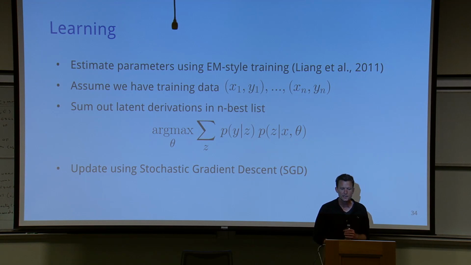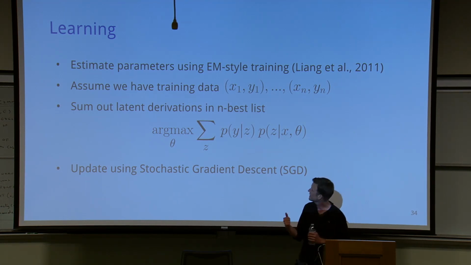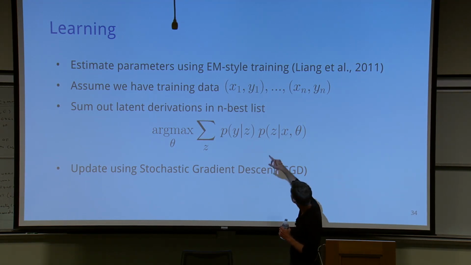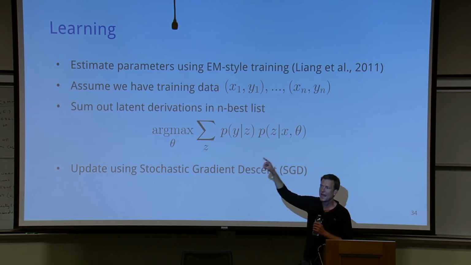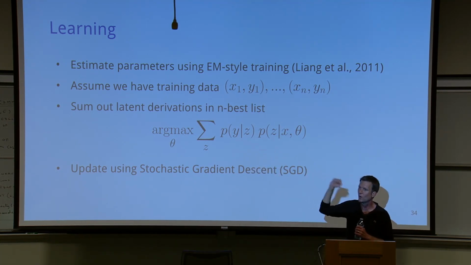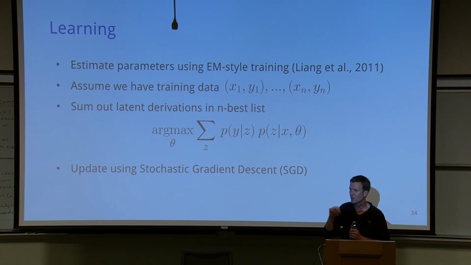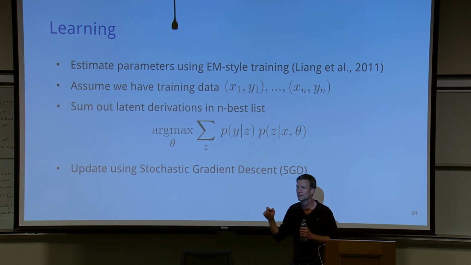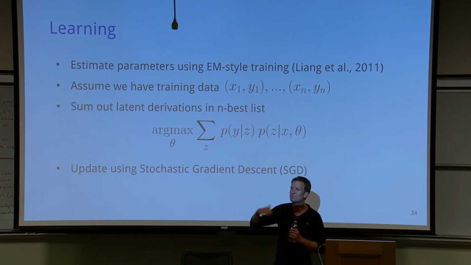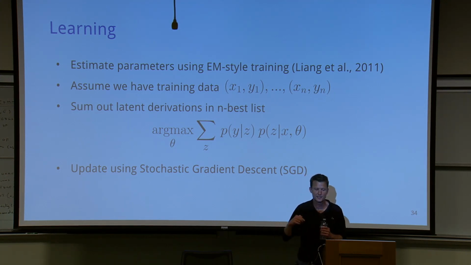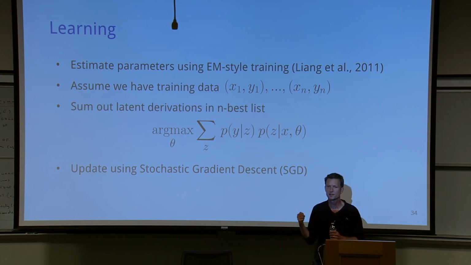The reason for using the EM algorithm is that our training data consists of pairs of inputs x and target semantics y, but the training data doesn't include the correct parse trees z. So there could be multiple parse trees that yield the same semantics. So we have to treat those z's as latent variables, and that's what the EM algorithm is good at.